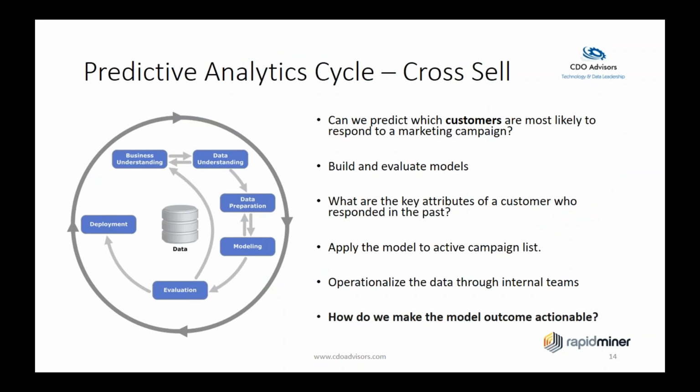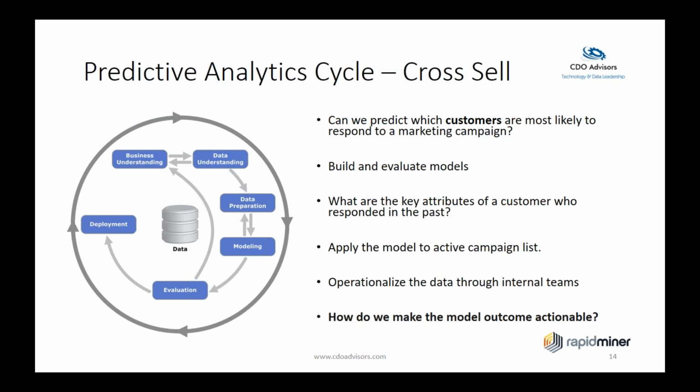All right, and then the last example here, and this one I'll actually show you a little bit more on the server as well, is cross-selling, right? A big thing everybody wants to do right now is, I've got my customers and I have products and I want to sell more products to more of my customers. So in this case, the business question is, can we predict which customers are most likely to respond to a marketing campaign, right?